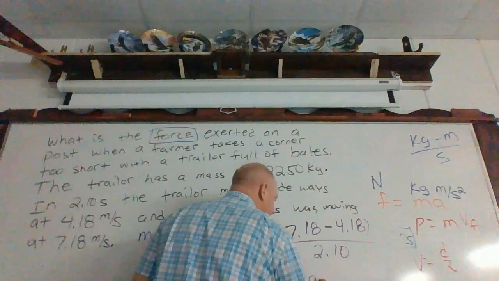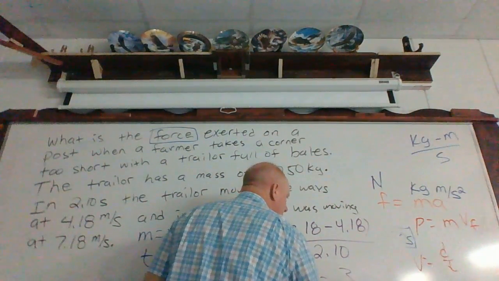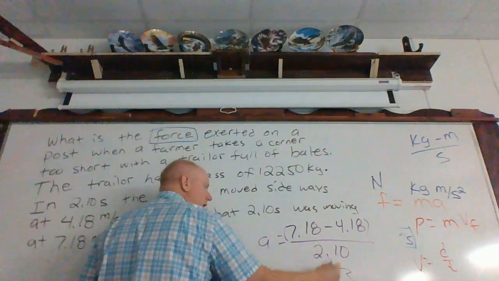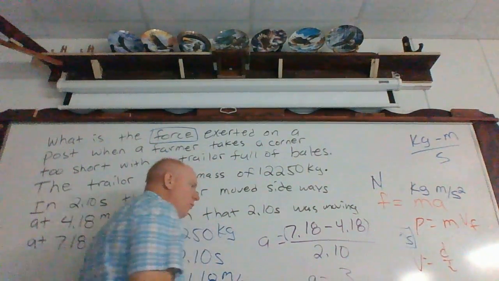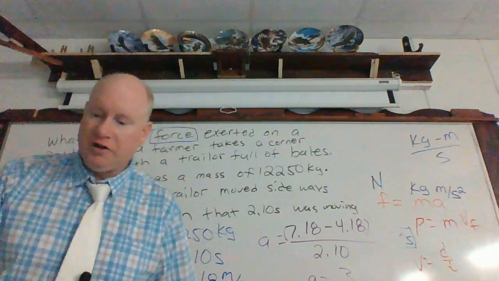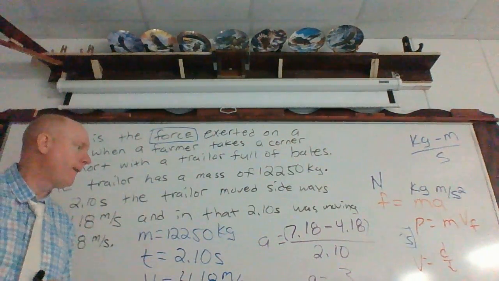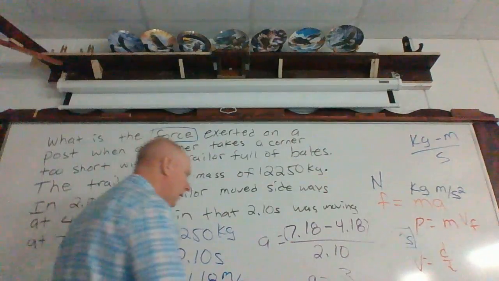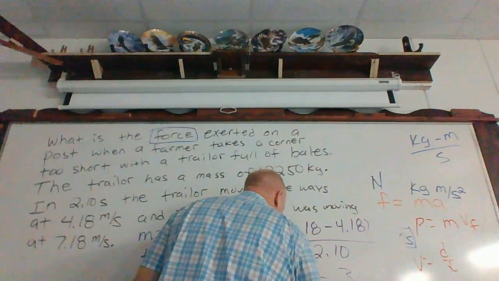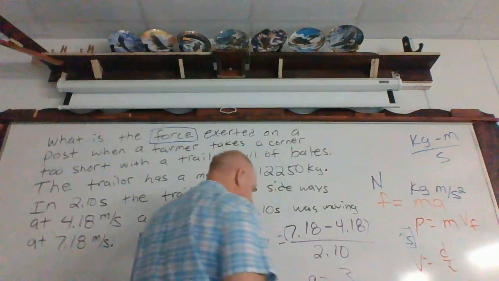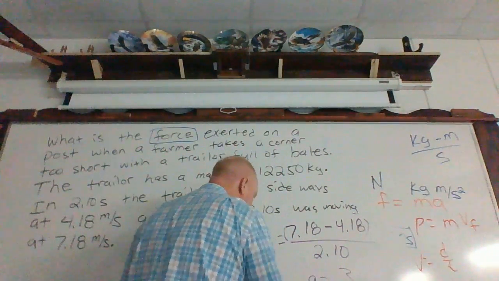So acceleration equals 3 divided by 2.10. Subtracting these two gives us 3 over 2.10, which then ultimately gives us what for an acceleration? Okay, so that's our acceleration.